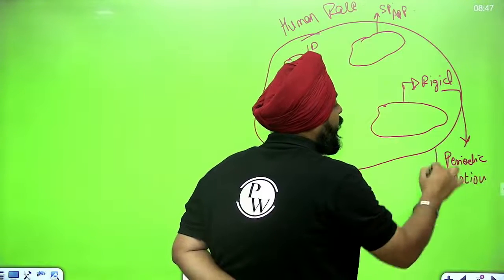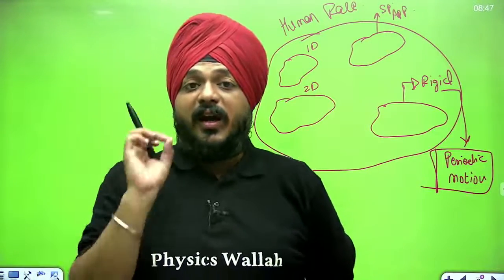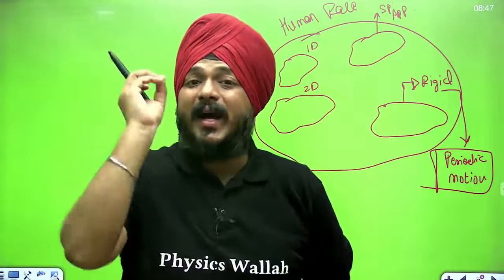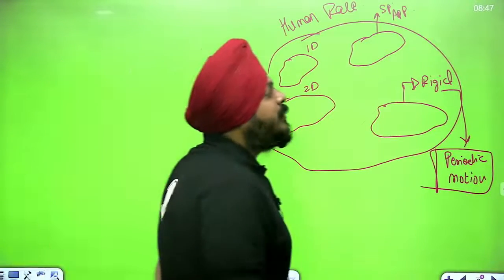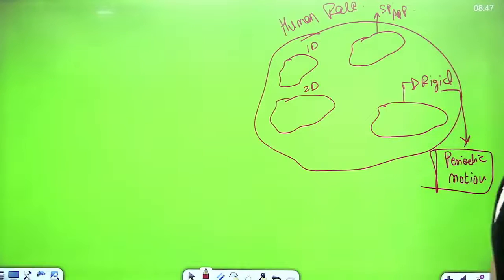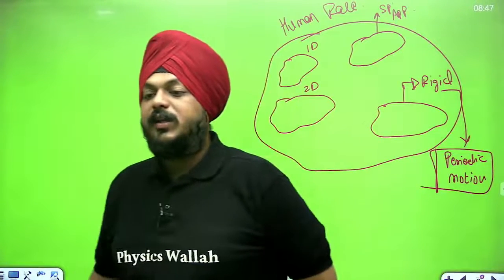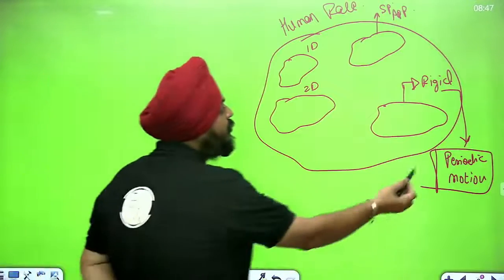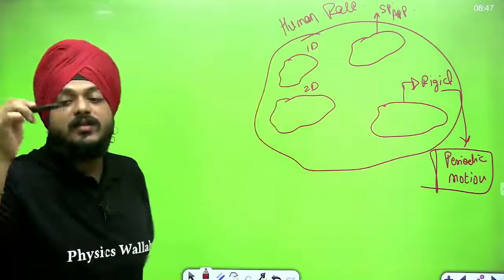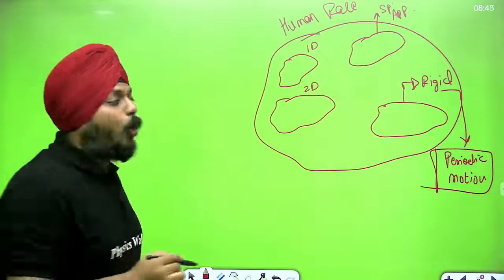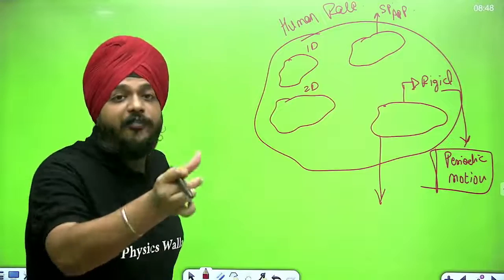Why? Periodic motion is quite rigid by nature. Rigid means things that cannot be changed. Why is periodic motion rigid and different from the other civilizations of the human race? Because it has one different thing.